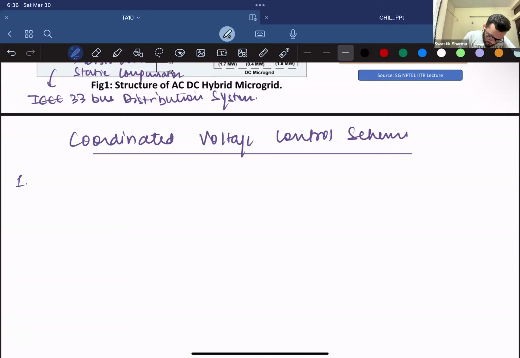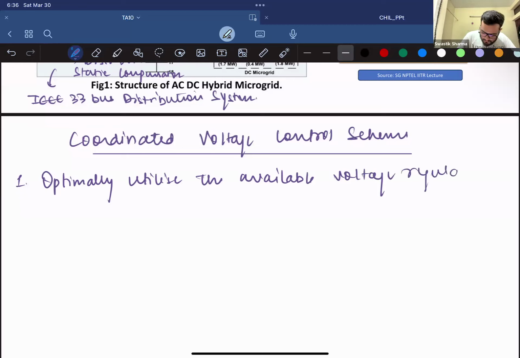So you employ this scheme to optimally utilize the available voltage regulation devices. These devices tend to increase or decrease their reactive power compensation by either soaking in or giving out, so that it can help in voltage fall or voltage sag.